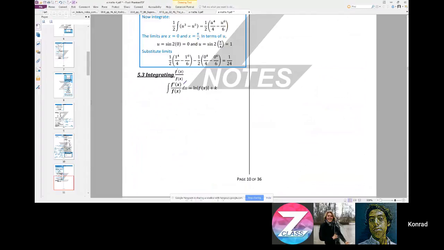The other two of you, do you recognize what we're talking about here, and are you comfortable with the concept? Yeah? So is it actually worth our time talking about integrating f prime over f? No, I don't think so. Niels? No, I think I'm good as well.